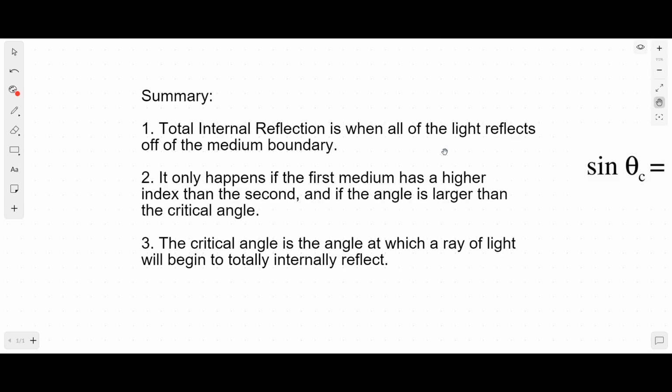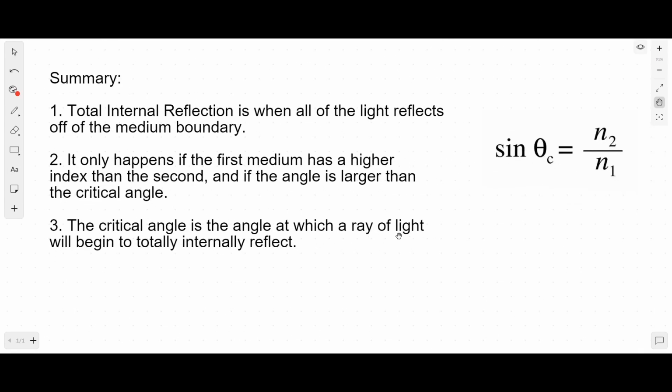Summary of the video is right here. First thing, total internal reflection is when all of the light reflects off of the medium boundary. Number 2, it only happens if the first medium has a higher index than the second and if the angle is larger than the critical angle.